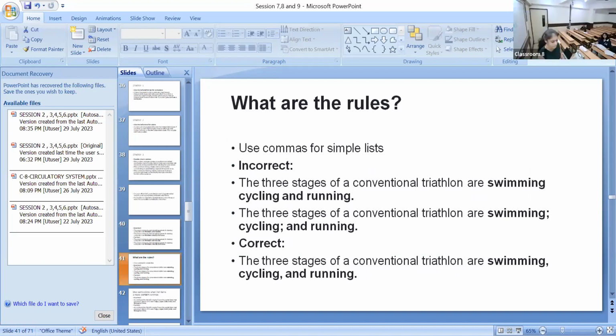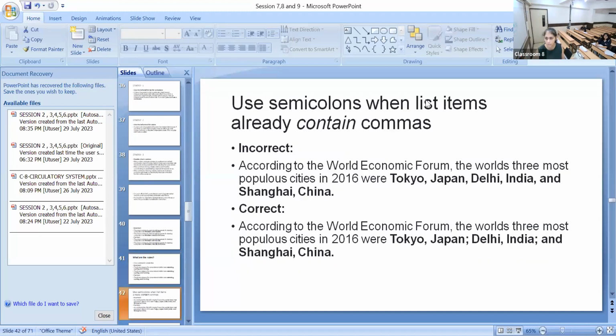So you can see over here, rules. This you will be able to manage. Simple 3 stages, obviously we use commas. This we always do in school. Also semicolons, so a semicolon you are supposed to use.